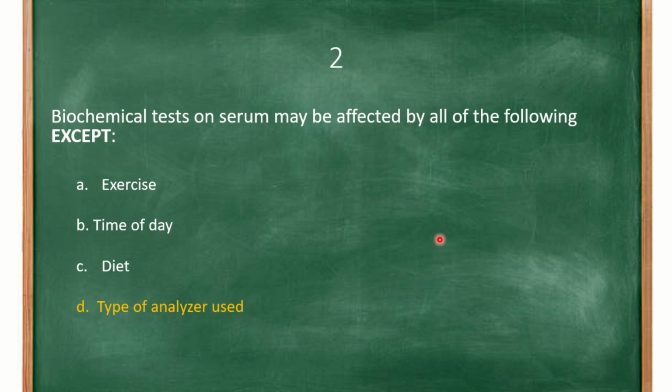If you look at exercise, for example, if you take an analyte like serum creatinine, and you have a person who is muscular and exercises a lot, you may have an acute rise in the serum concentration of creatinine. So exercise can actually affect the biochemical test results on a serum sample.